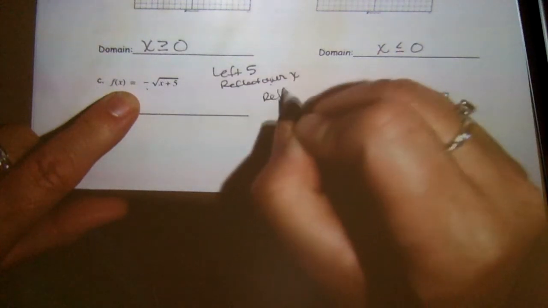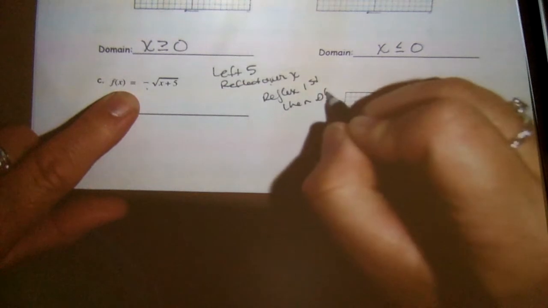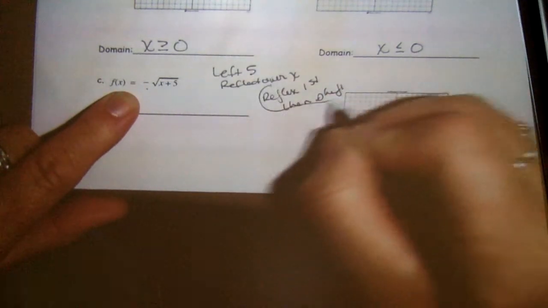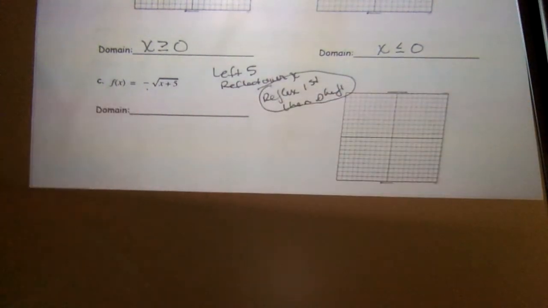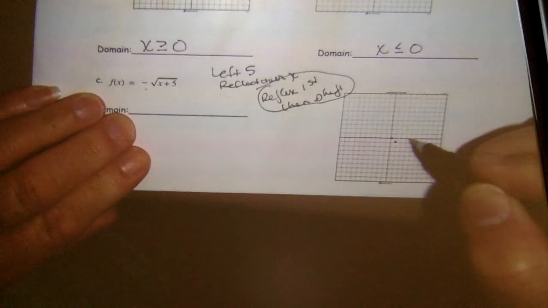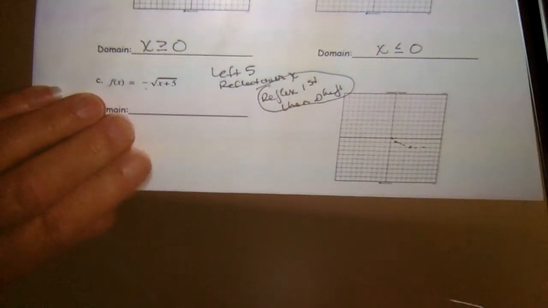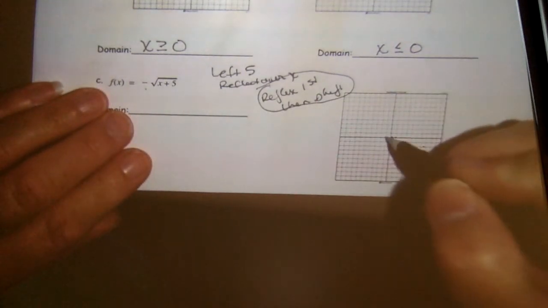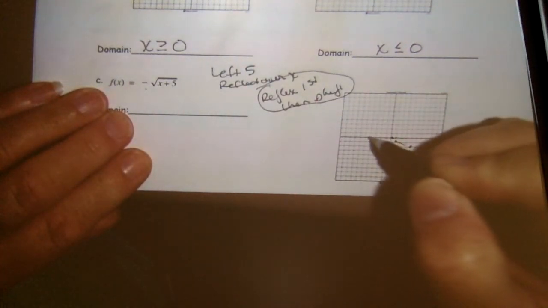Reflect first, then shift. Do your reflections first, then shift. So if I reflect, I'm right here, and then I shift left. 1, 2, 3, 4, 5.